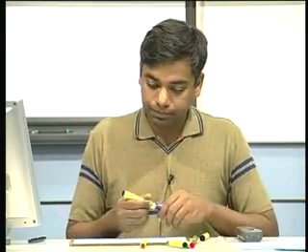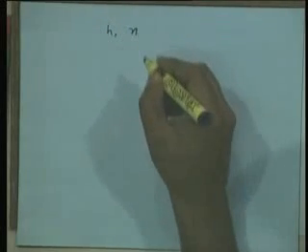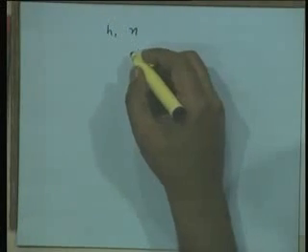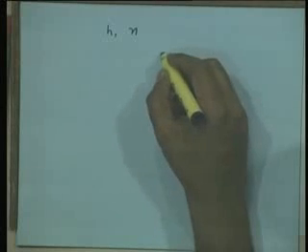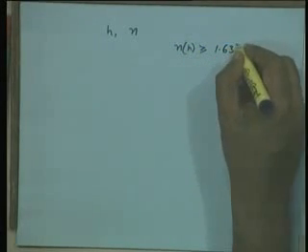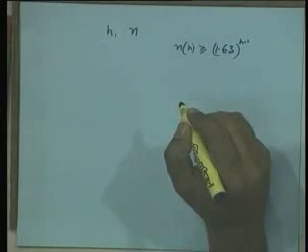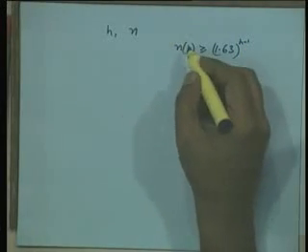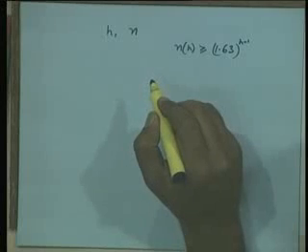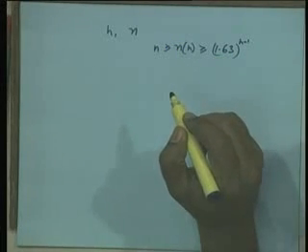I take a tree of height h and n nodes. We have just seen that n of h is greater than or equal to 1.63 to the h minus 1. That's what we saw just now. This is the tree with the smallest possible number of nodes, so n is going to be only larger than this.